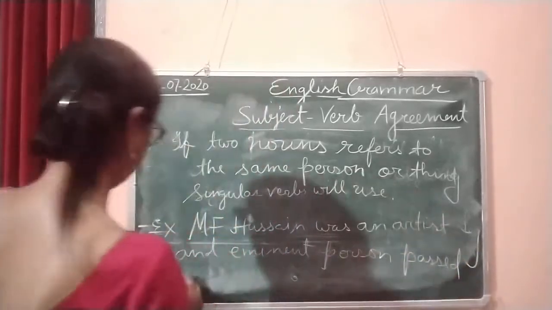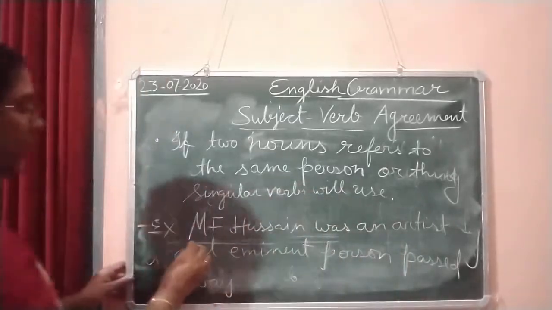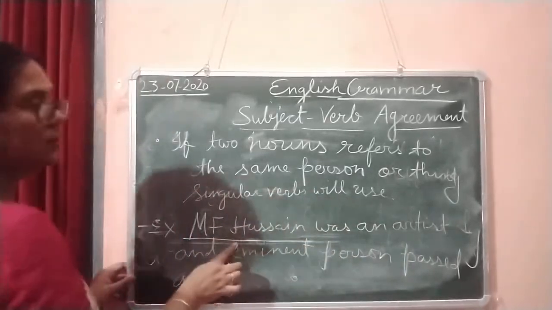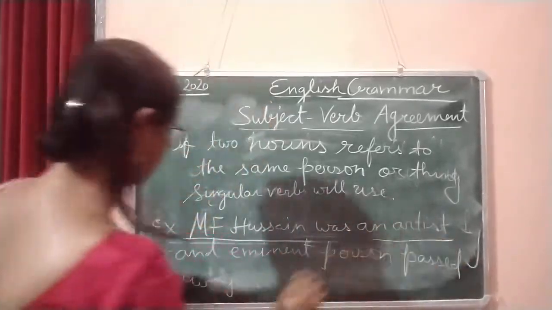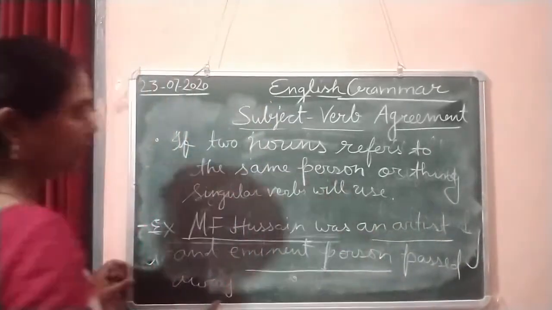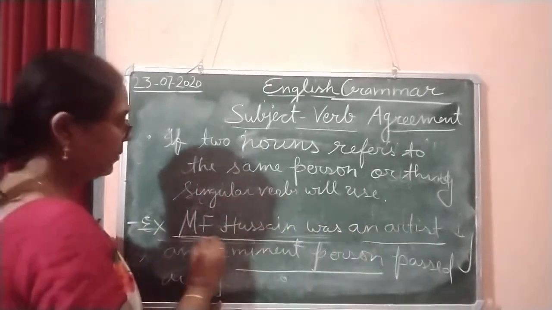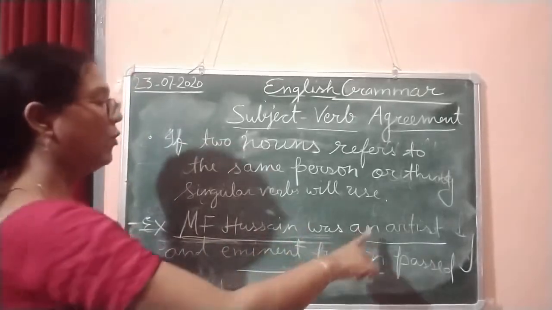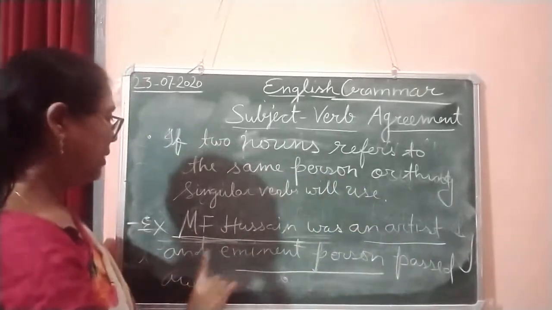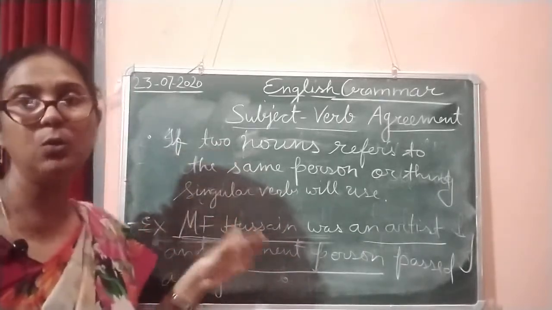passed away. Here you can see M.F. Hussain, a person, and here an artist and eminent person. Both nouns we are using for that particular person. M.F. Hussain was an artist. And the sentence is only and only talking about M.F. Hussain.